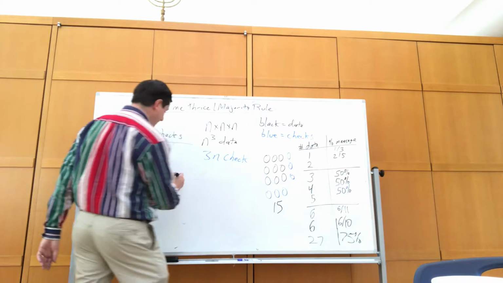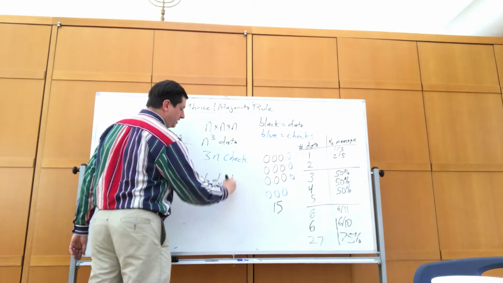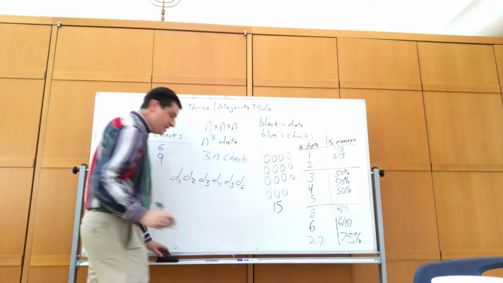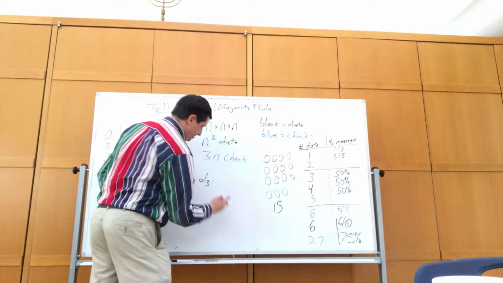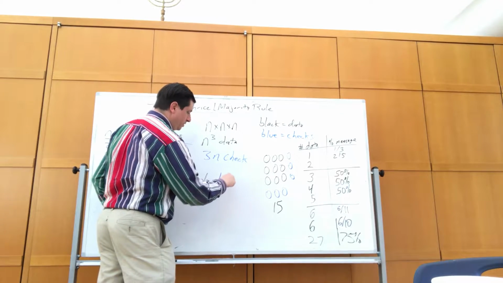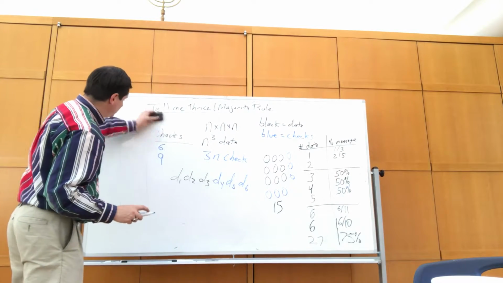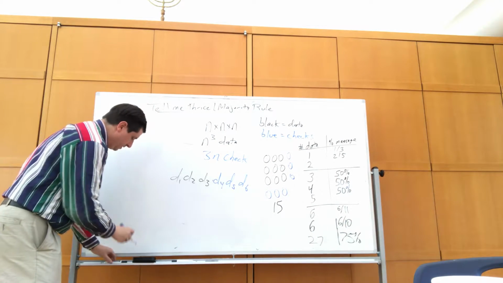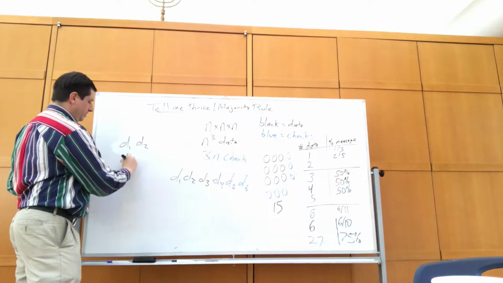So for instance, if I'm sending D1, D2, D3, D4, D5, D6, so I'm sending a string of 6 things. The last 3 are going to be check digits, so I'll write them in blue: D4, D5, D6. And so what happens is I start off with my message, D1, D2, D3.